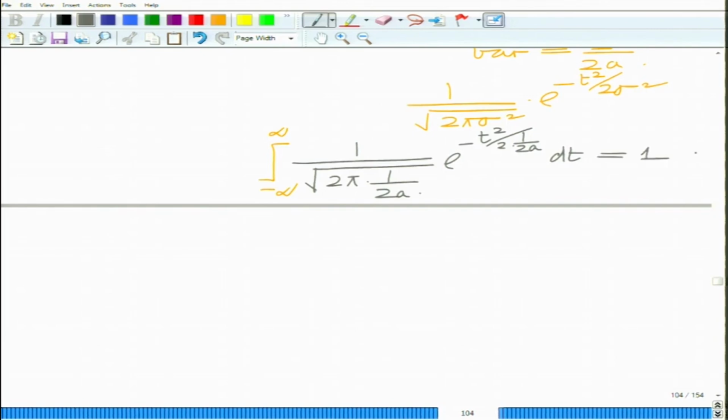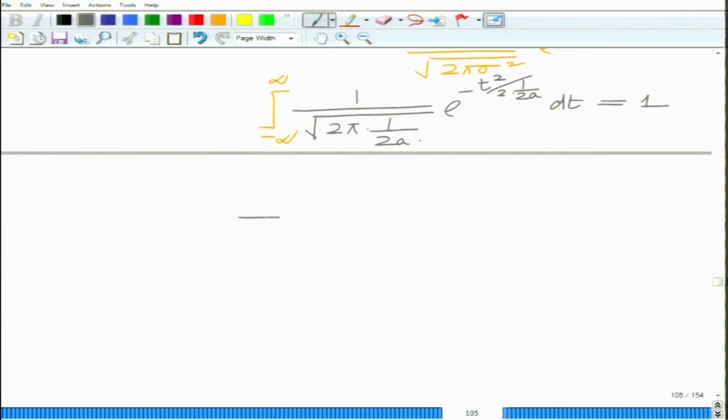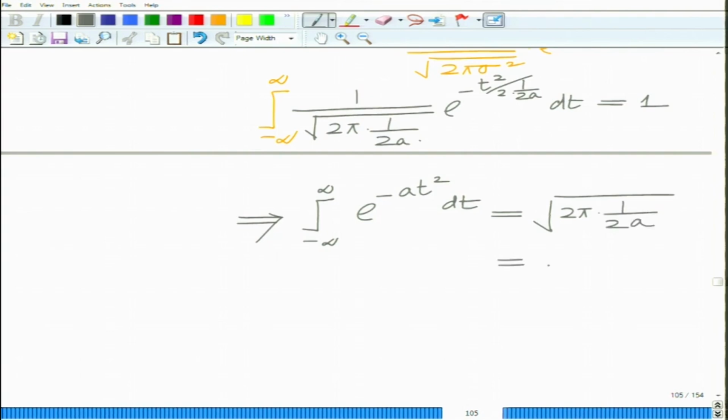This is the integral of the Gaussian probability density function, which implies, now taking the constant to the other side, the integral from minus infinity to infinity of e raised to minus a t square dt is equal to square root of 2 pi times 1 over 2a, which equals square root of pi over a. And this you can see is nothing but your X of 0.